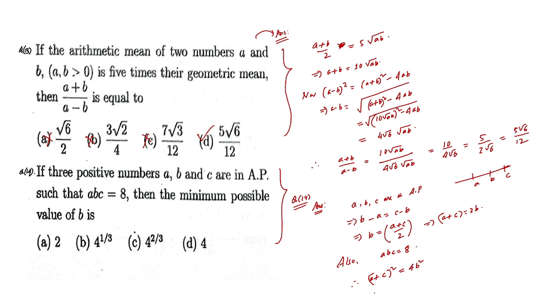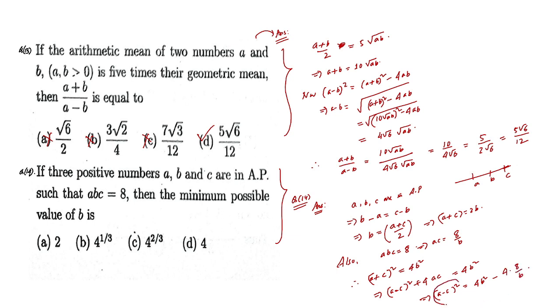From that you can write A minus C whole square plus 4AC equals 4B square, so we do everything in terms of B. So A minus C whole square equals 4B square minus 4AC. Put in the value: AC is 8 by B, so 4AC is 32 by B.